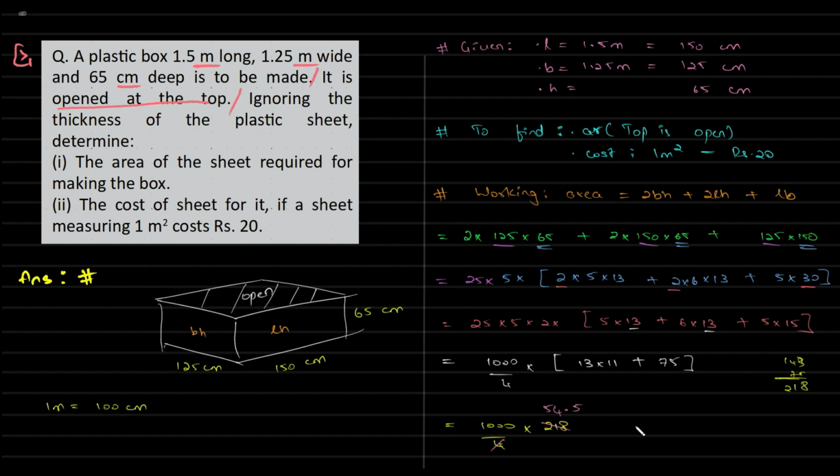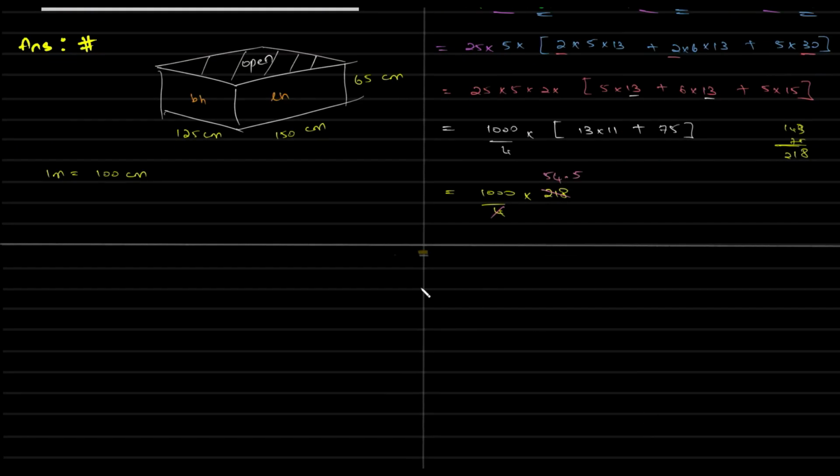I won't do that because this is in centimeter square. I want to convert it to meter square. So 54.5 into 1000 centimeter square. To convert it to meter square, I need to divide it with 2 times of 100. Since it is centimeter square, for every meter it is 100, so there are 2 hundreds meter square. So 5.45 meter square is your answer.